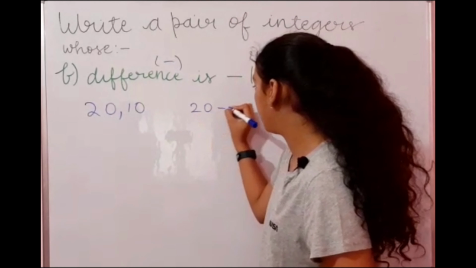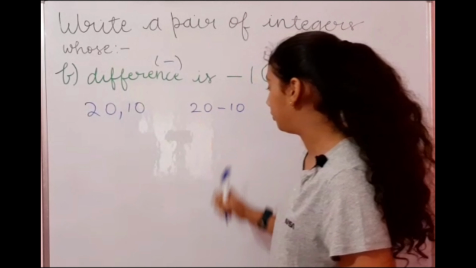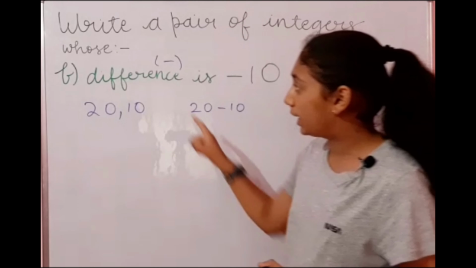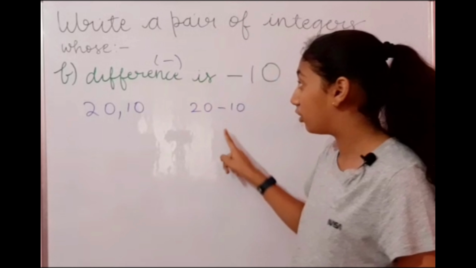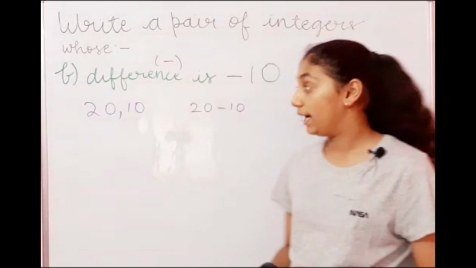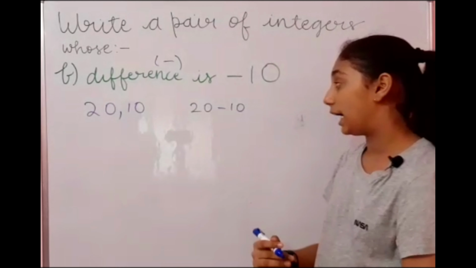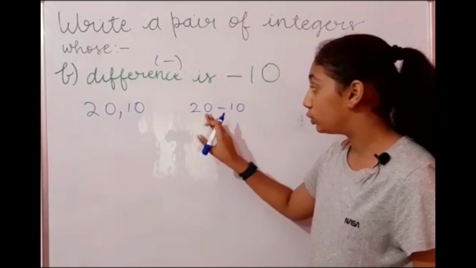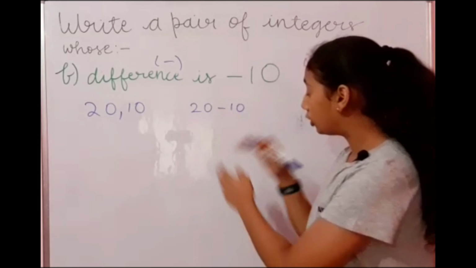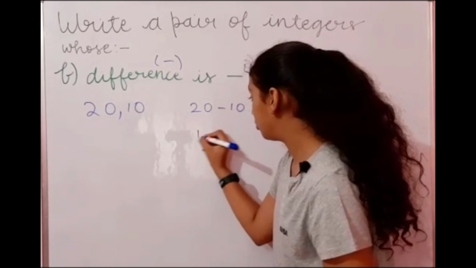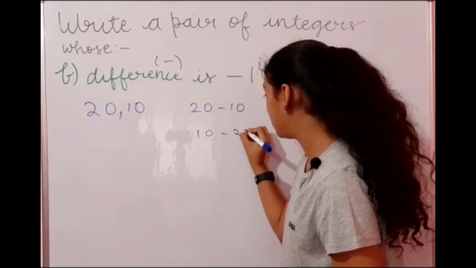We know that we need to subtract them. We need to use the difference. But we also know that in the final answer, the sign will come off the bigger digit. So if we write like this it would be wrong. So we need to write it the other way around. It should be 10 minus 20.